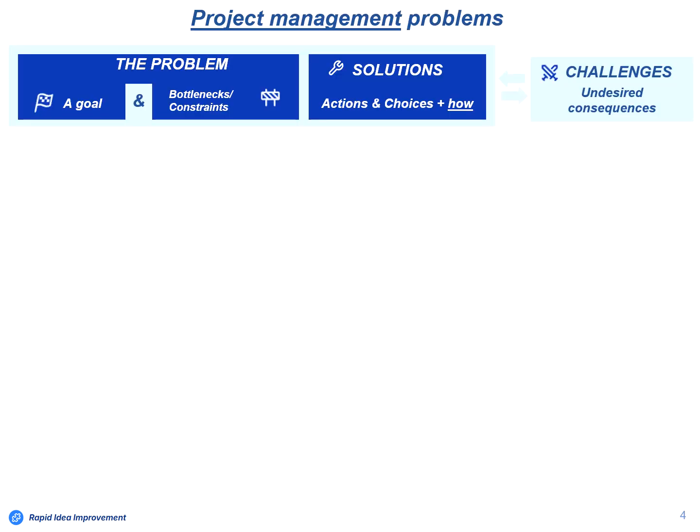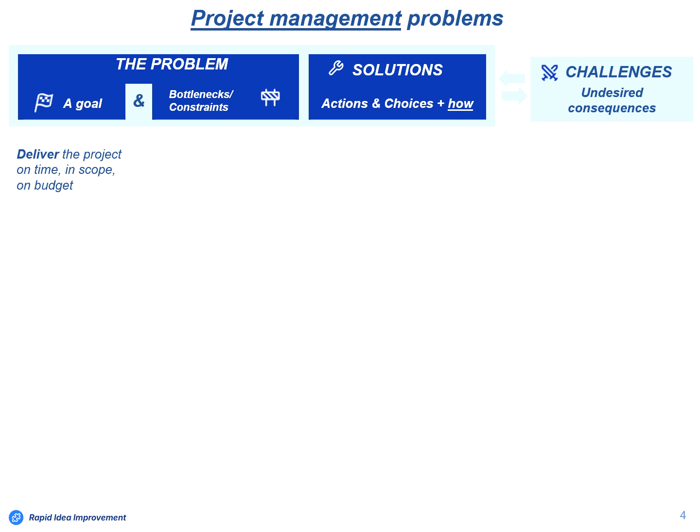Let's try to apply our problem-solving method to the problem of managing a project. So starting with the goal is always to deliver a project on time, in scope, and on budget. So we can describe in more detail what the timing is, the scoping, and the available budget to deliver the project.